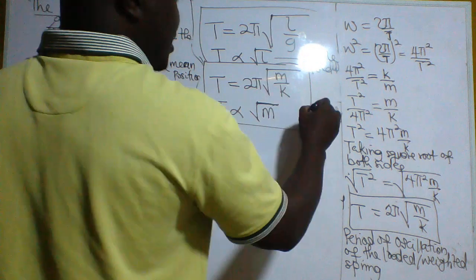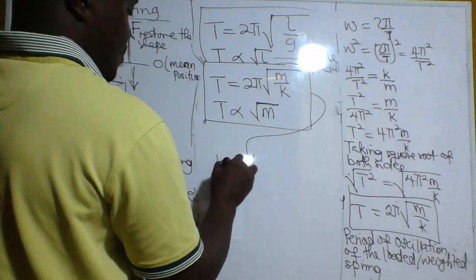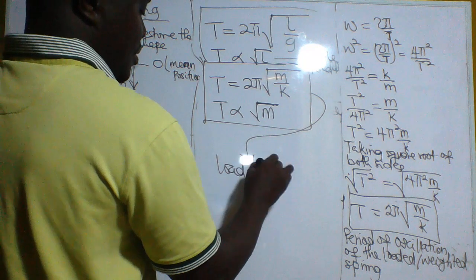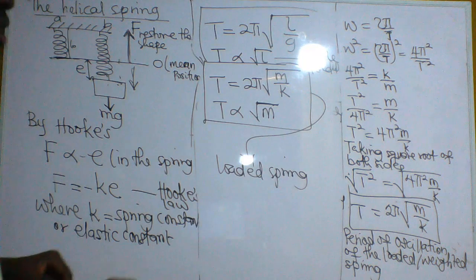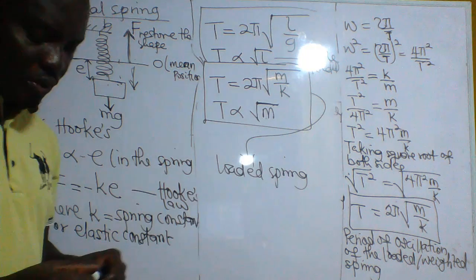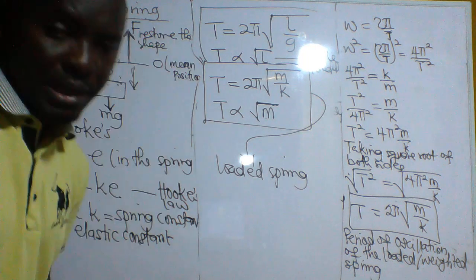This is a simple pendulum. For the loaded spring, which is this, the period of oscillation depends on the square root of the mass. That's the difference.